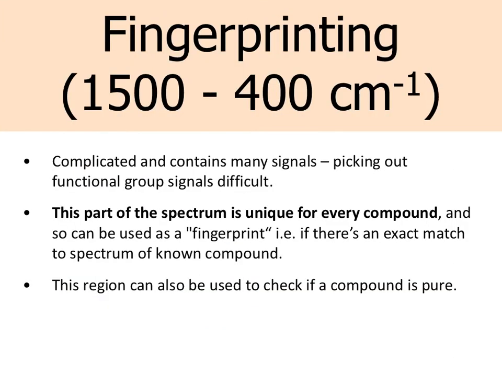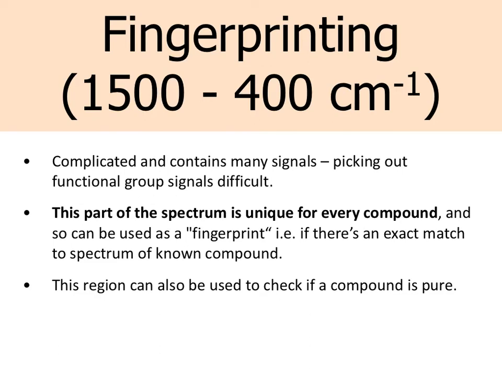So we're just going to cover that fingerprinting region very quickly. It's very complicated, it's very crowded, there are lots of signals, it's very difficult to pick out functional groups. On your data sheet, as we'll see shortly, it will have a couple of wave numbers in that region, but they are essentially a red herring. You're not going to use them.